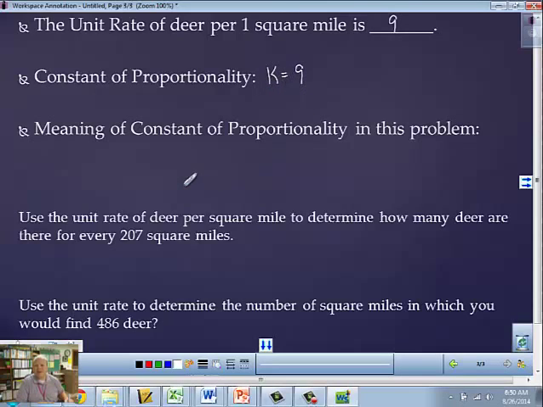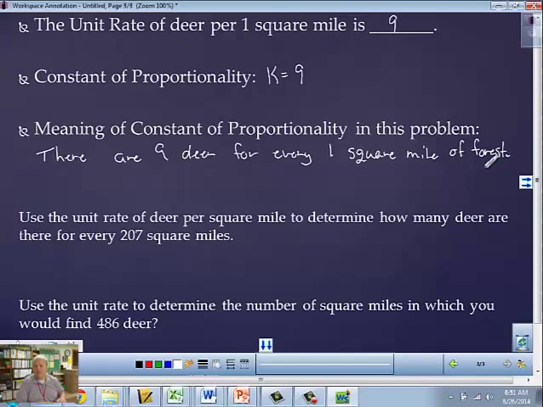What does this mean in the context of the problem? It means that there are 9 deer for every 1 square mile of forest.